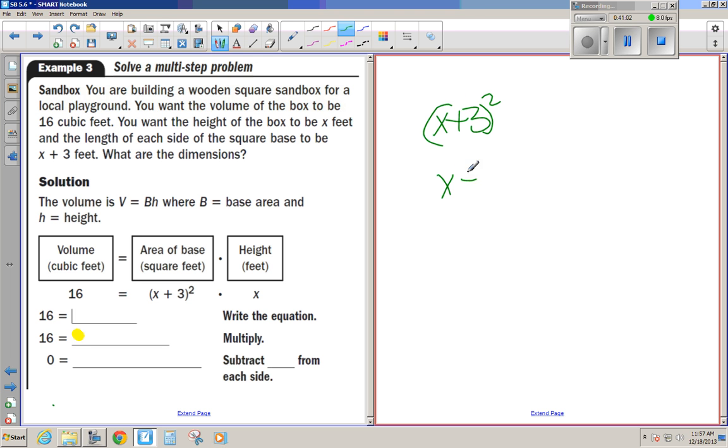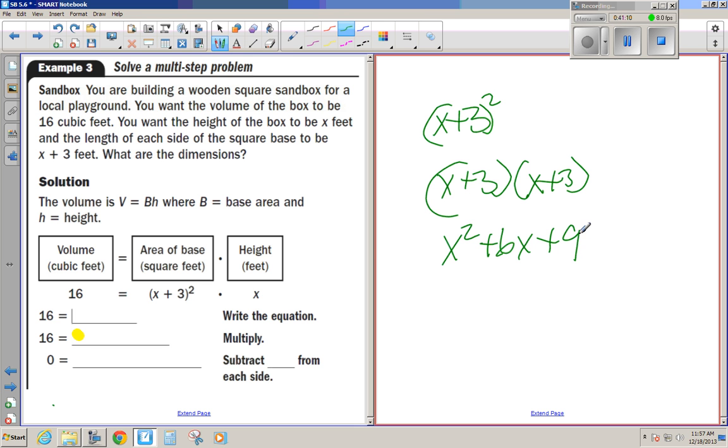that's x plus 3 times x plus 3, which gives us x squared plus 6x plus 9. And you're multiplying this then by x, which gives us x cubed plus 6x squared plus 9x. And when you subtract 16 from both sides, you get 0.